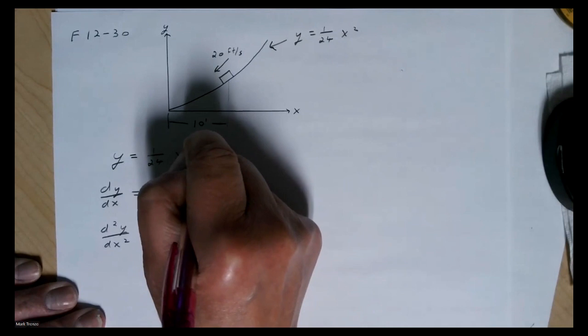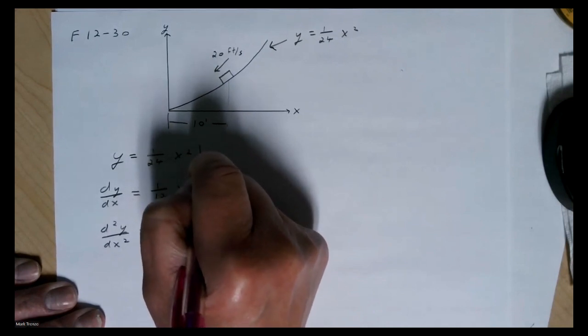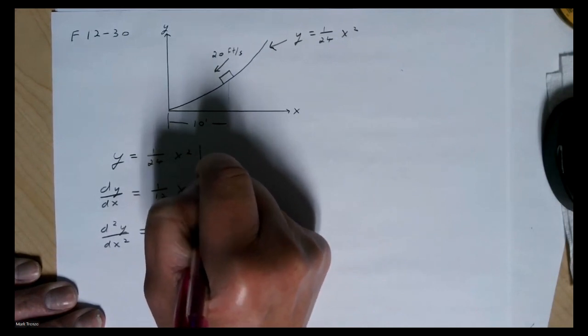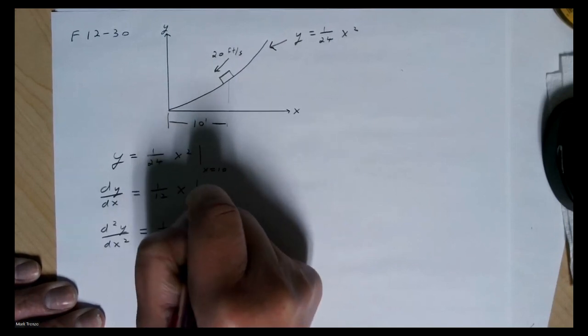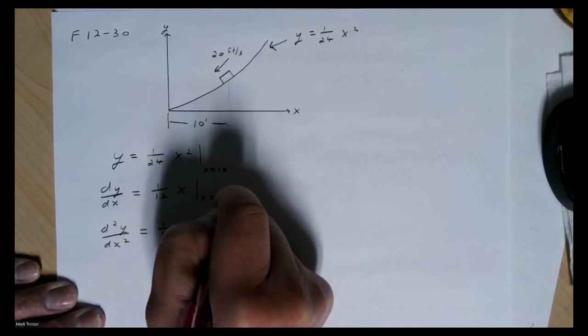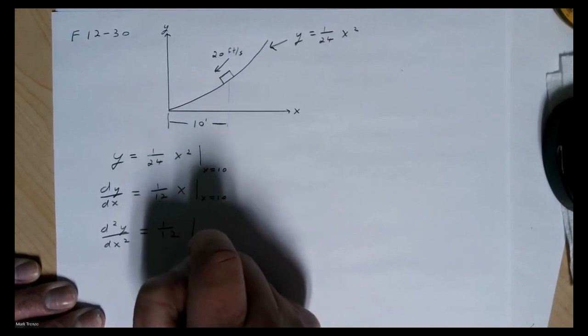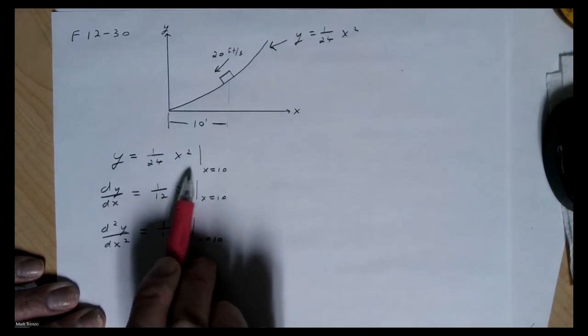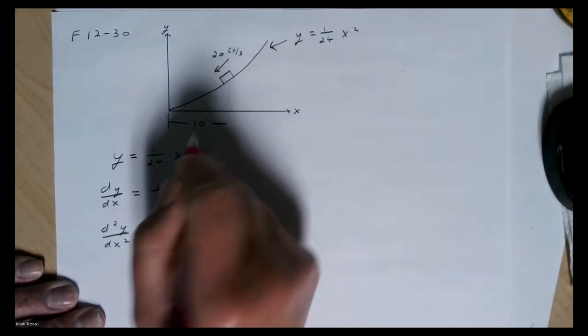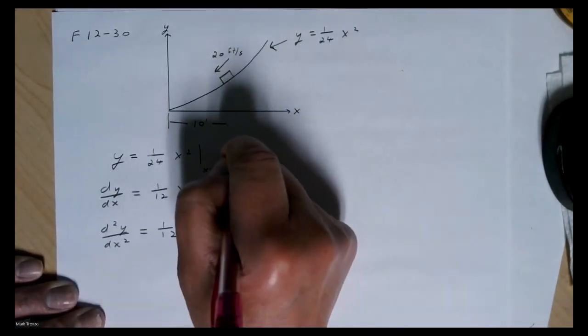And sometimes I probably should have done this on the other ones. Maybe we'll put down here where we're evaluating this derivative at x equal 10. You don't have to do that. I didn't do that in the last example, but sometimes it's helpful to keep in mind we're putting a 10 in for x.